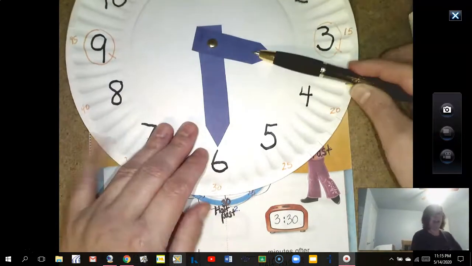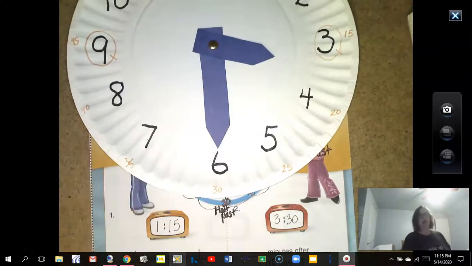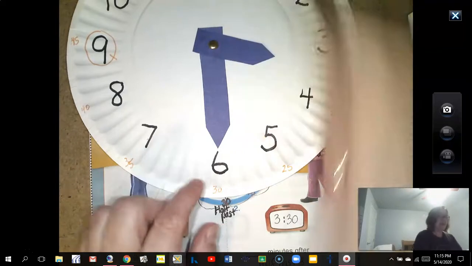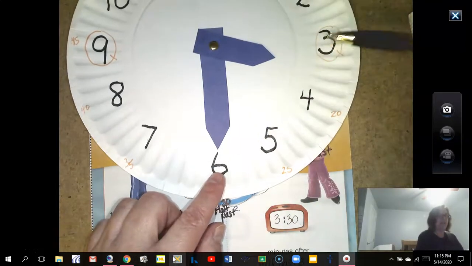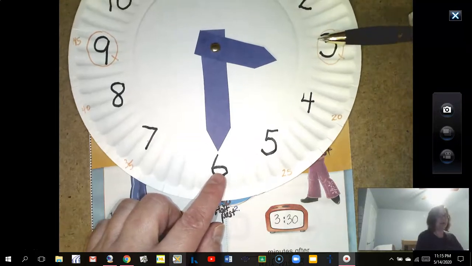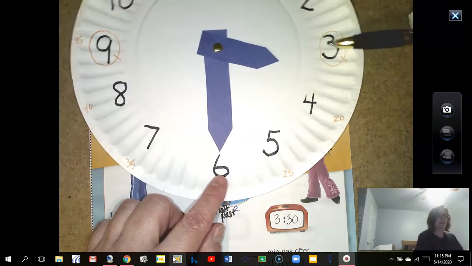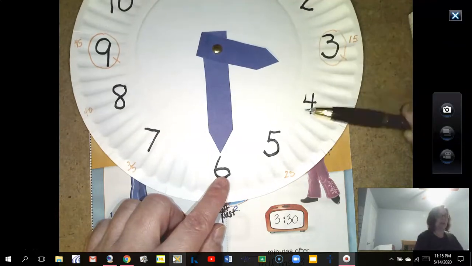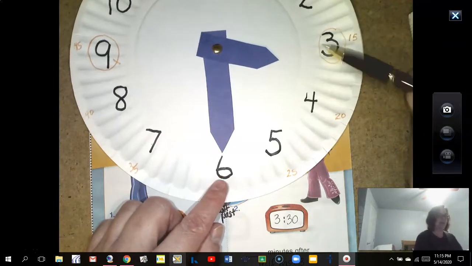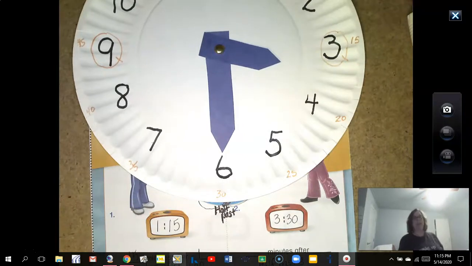And notice that the hour hand is between the 3 and 4 also. So the minute hand went halfway around the clock, but then the hour hand moves also. It moves a lot slower, at a slower pace, but it also moves halfway between the 2 hours, between one number and the other, okay, halfway.